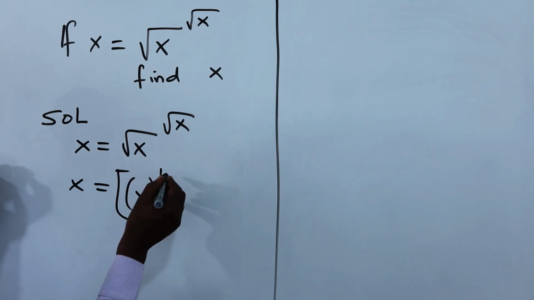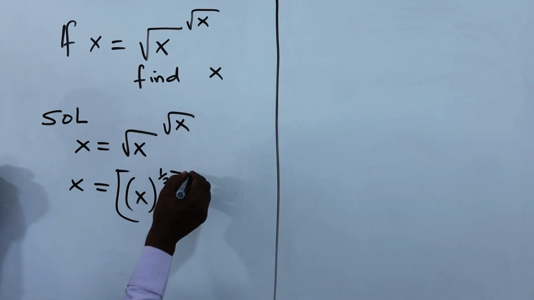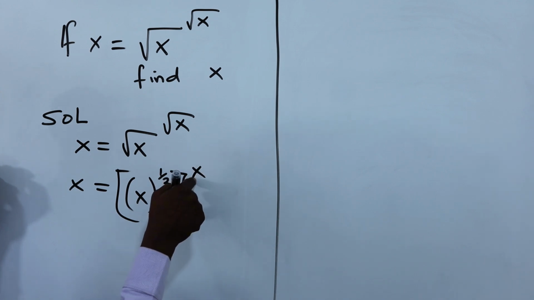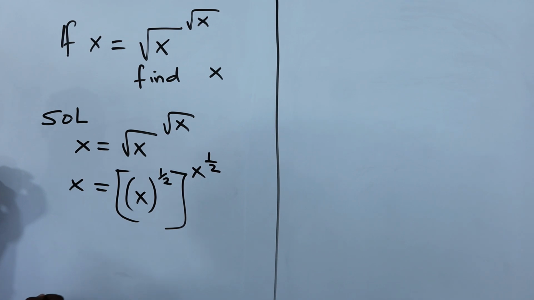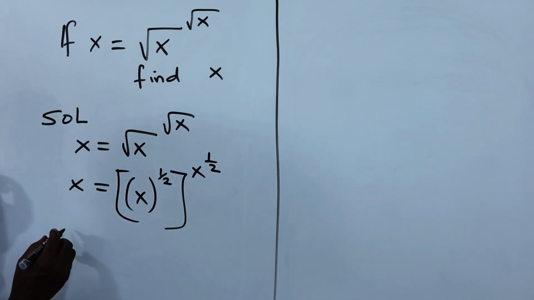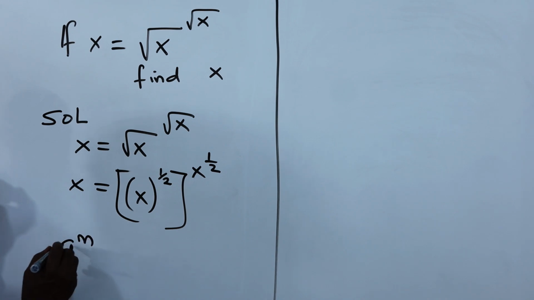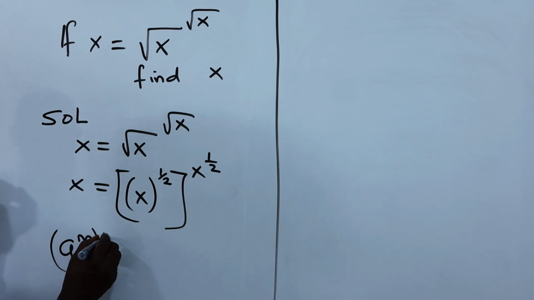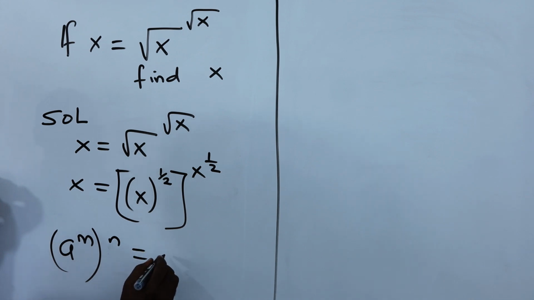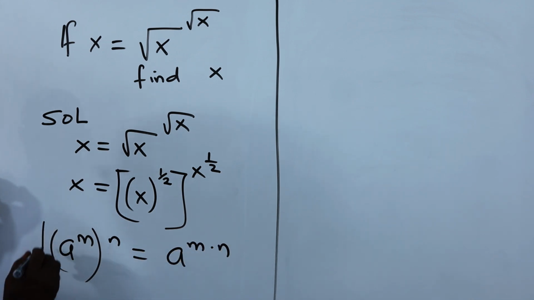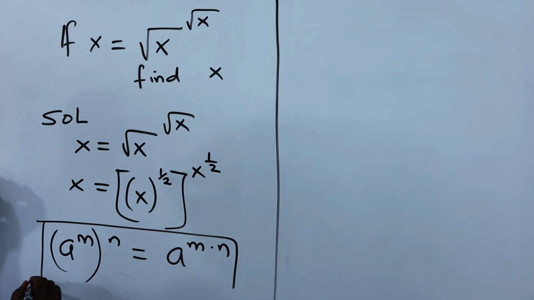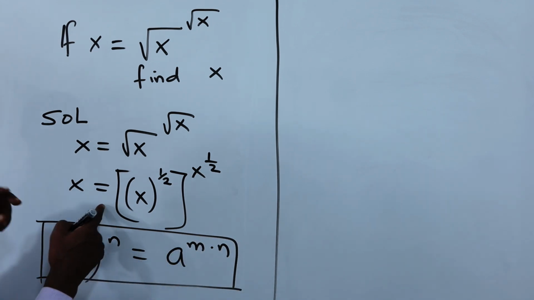The whole of this all raised to another square root of x, which is x raised to power half. There is a law of indices that says a raised to power m all raised to power n is equal to a raised to power m times n. We are going to use this law on this.